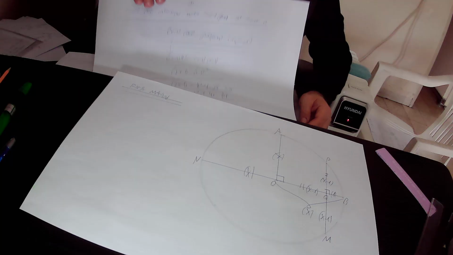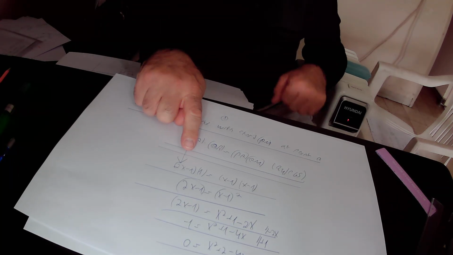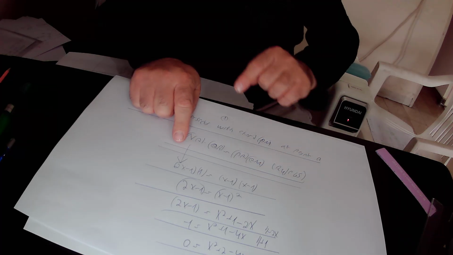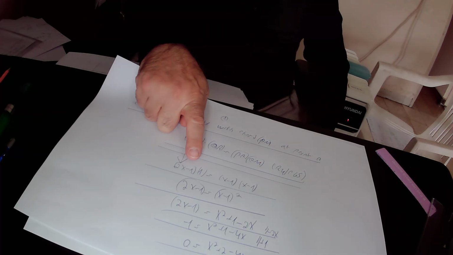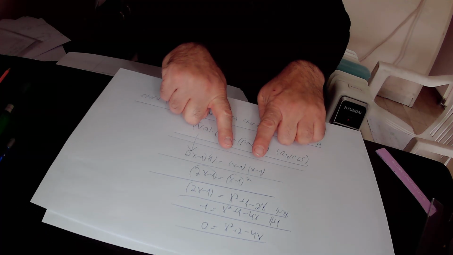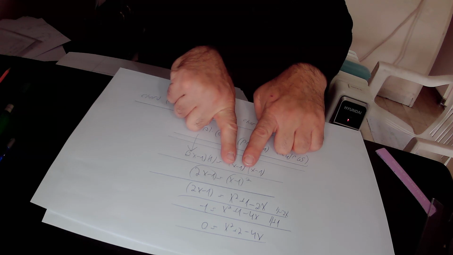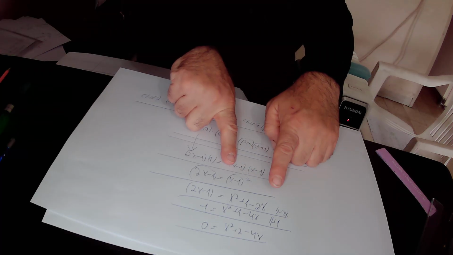So in total, we found that 2x minus 1 times 1 equals x minus 1 times x minus 1. 2x minus 1 times 1 is 2x minus 1, equals x minus 1 squared. We open the brackets here and find that x minus 1 squared equals x squared plus 1 squared plus 2 times x times 1, that is minus 2x.